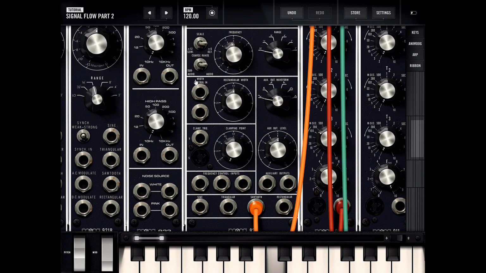It also has an audio and sub-audio switch to let you go between basically an audible mode and a sub-audio mode. Sub-audio is basically for LFOs and things you can't hear. So we'll explore that later.